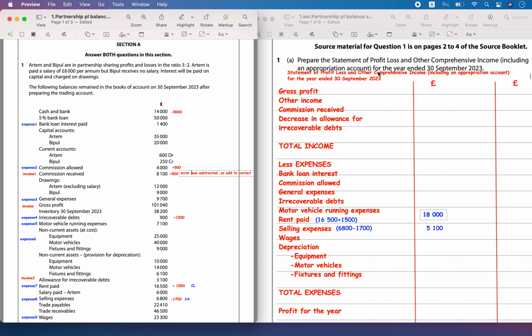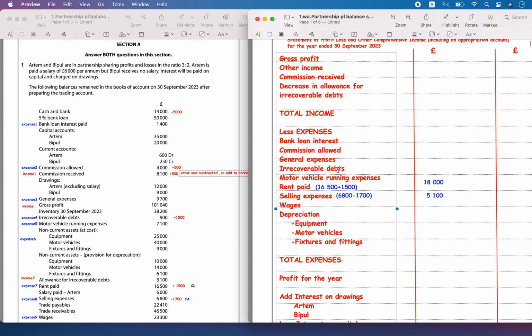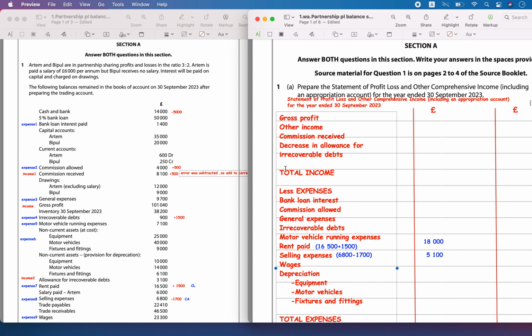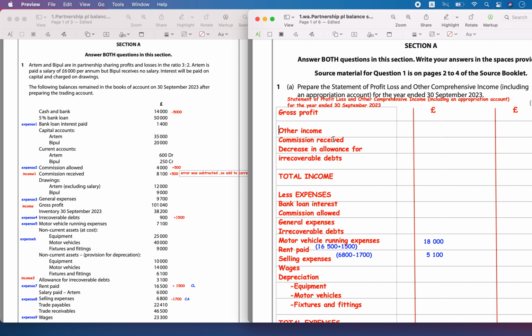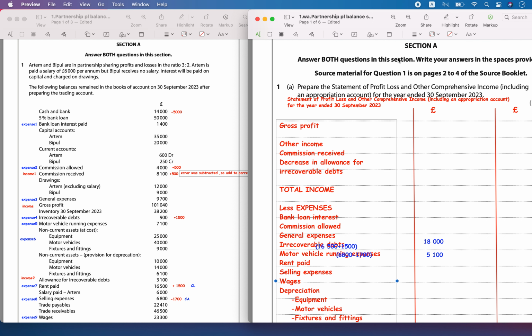Commission received is a type of other income, so I have to include it in other income. The commission received was 8,100 plus 500, so that value is going to be equal to 8,600.